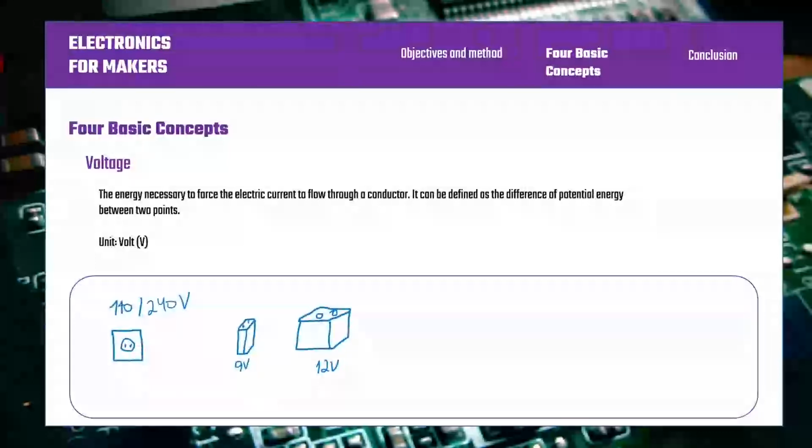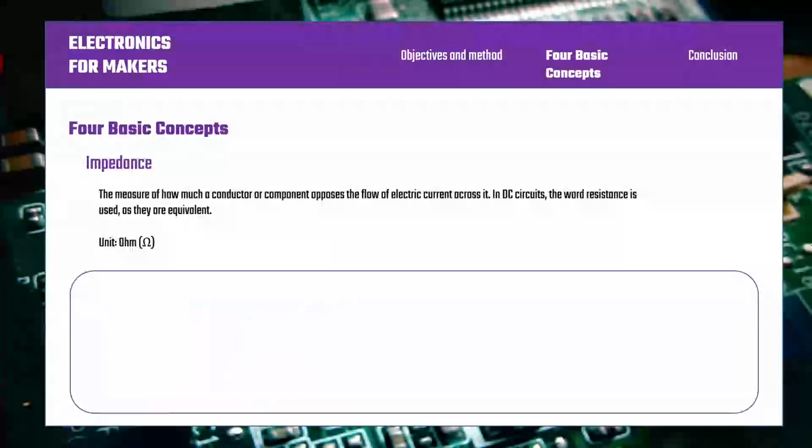So what fixes this amount is the resistance some components in the circuit may have to the flow of current, which brings us to the next topic, which is impedance. Many people learn the word resistance. Okay, it's underlined here.